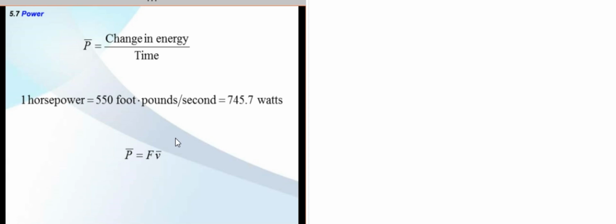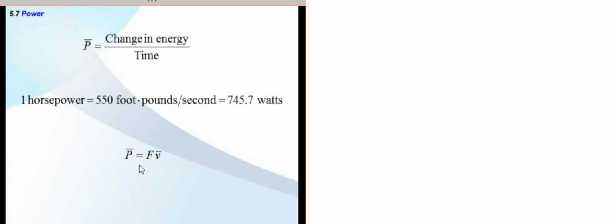So you can hear like it's 0.5 HP or 1 HP, 2 HP. It means horsepower. So we can just convert it to watts by this conversion factor. That 1 horsepower is approximately equal to 746 watts, or exactly equal to 745.7 watts.